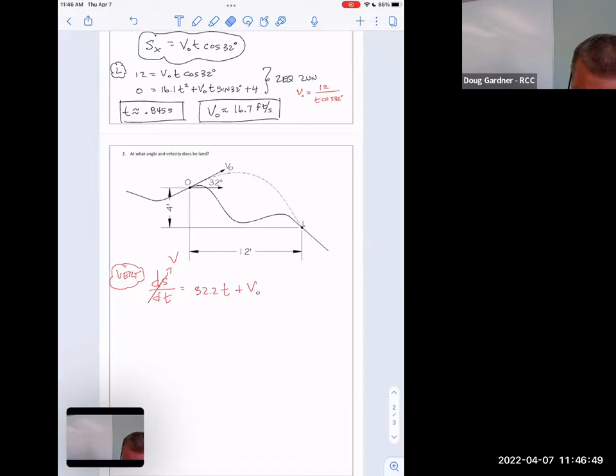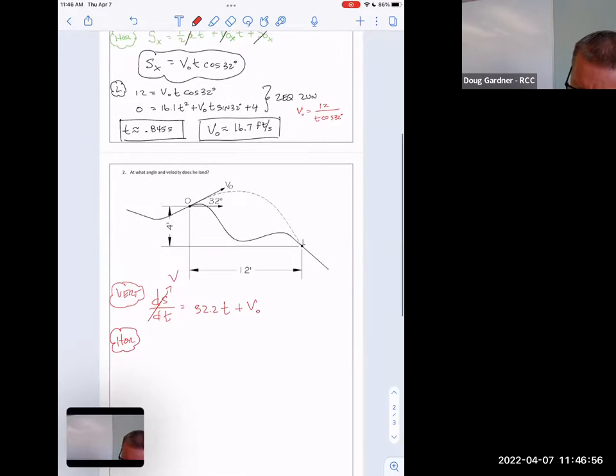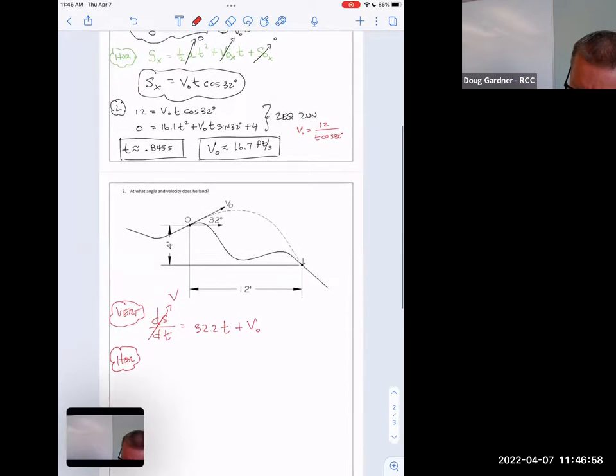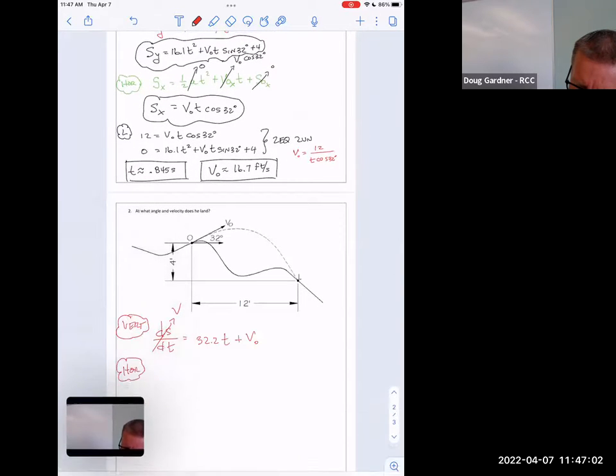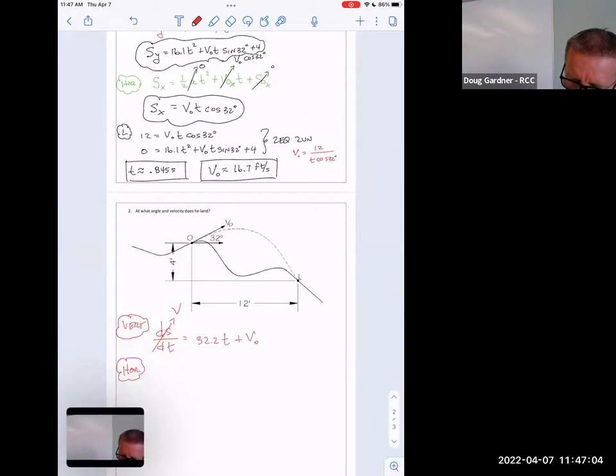And then for the horizontal version, I'm sorry? Is the sine 32 still on the view? Yes, I lost my sine 32, didn't I? Shouldn't it be there?